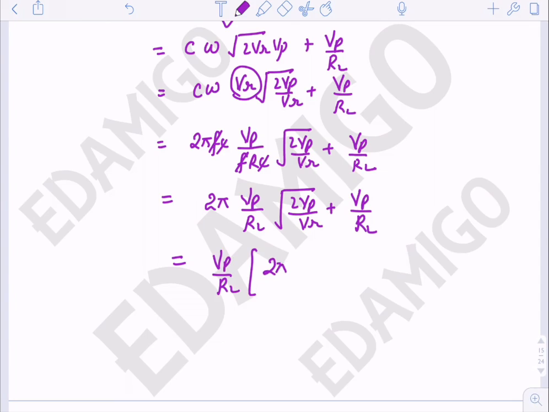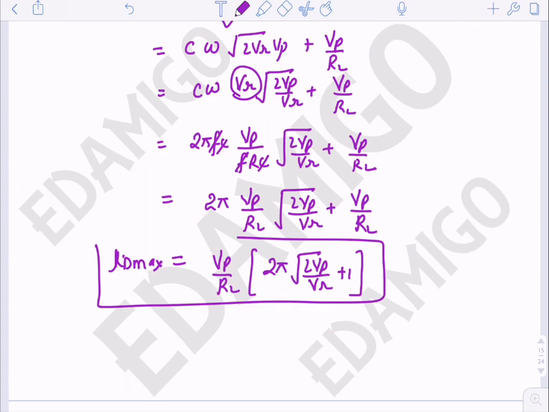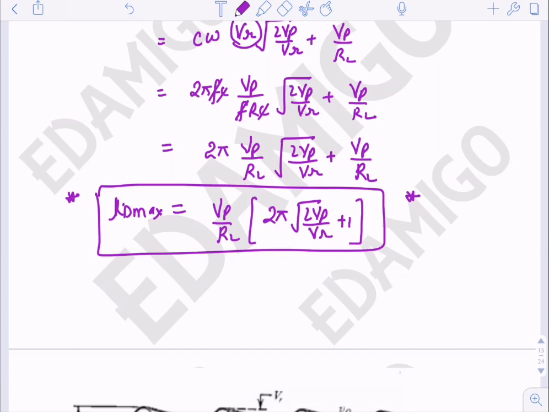So we get 2 pi under root 2 Vp upon Vr plus 1. So this is the ID max. Okay, so these two equations are very important, ID max and ID average. So we have solved the maximum diode current in the half wave rectifier.